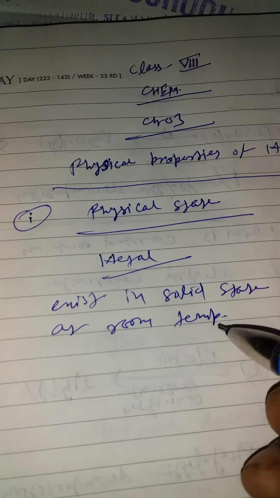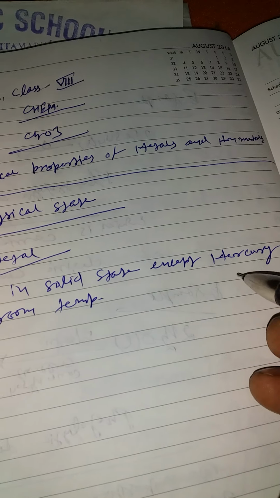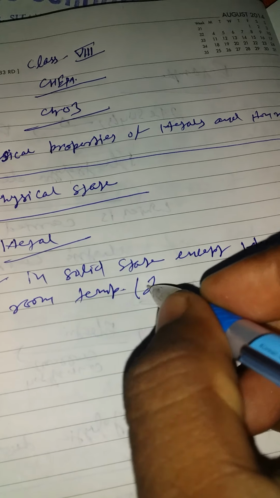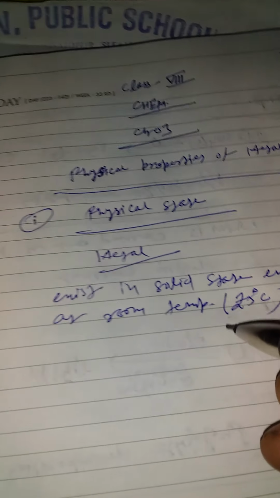Metal exists in solid state except mercury at room temperature. Room temperature means 25 degrees Celsius.